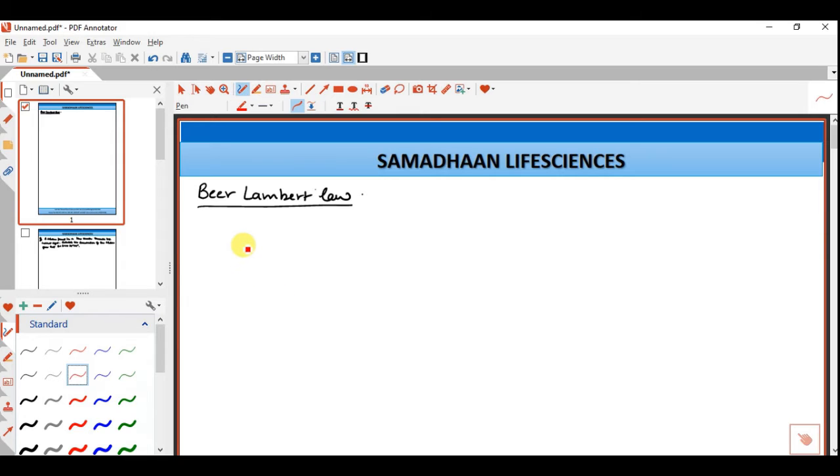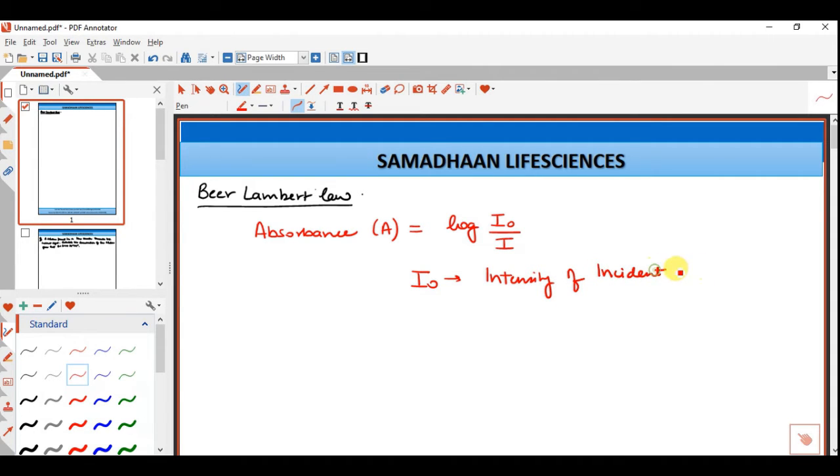So let us start. I told you in the previous class that absorbance, also written as A, is equal to log I naught by I. Here I naught is the intensity of incident light, and I is the intensity of transmitted light.